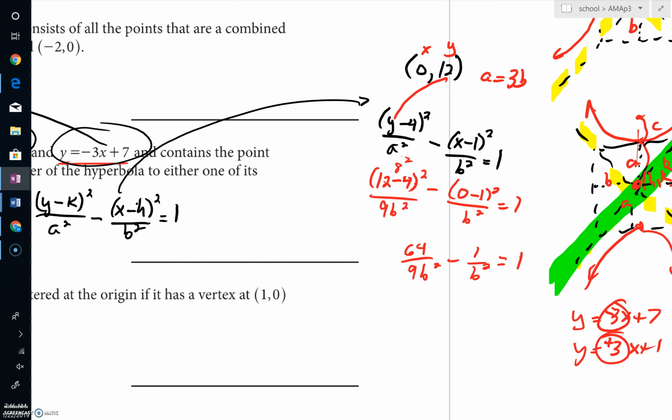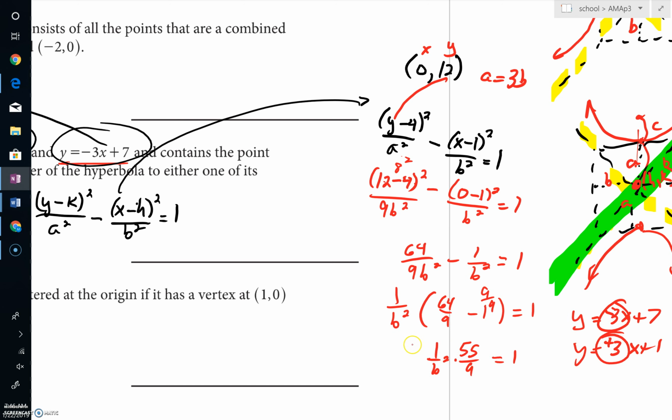You could factor out a 1 over B squared if you'd like. Let's do that. If we factored out a 1 over B squared, this would be 64 over 9 minus just a 1, and that's really 9 over 9. So 64 minus 9 would be 55. So here's 1 over B squared times 55 over 9 equals 1.